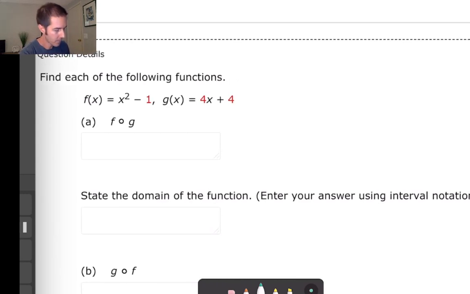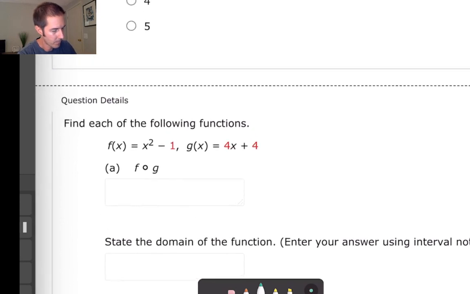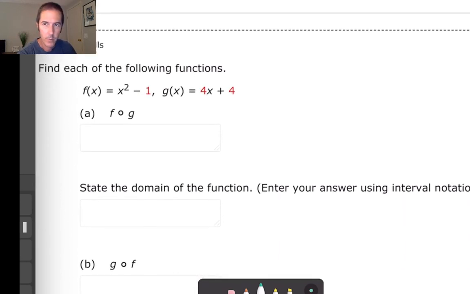Another way that f of g can be written is, well, let's stay with green. Here we go. We could also write this as f of g of x.